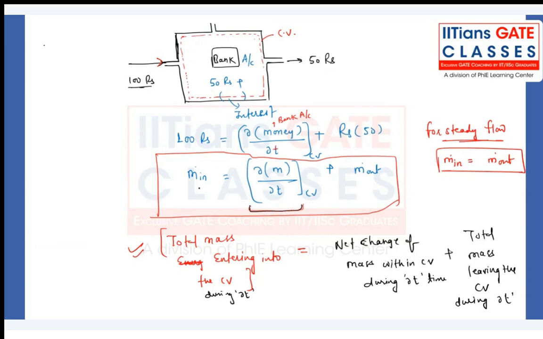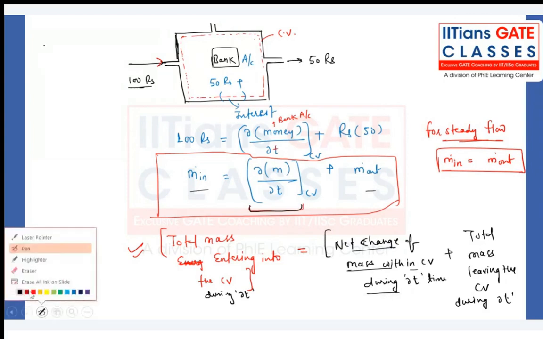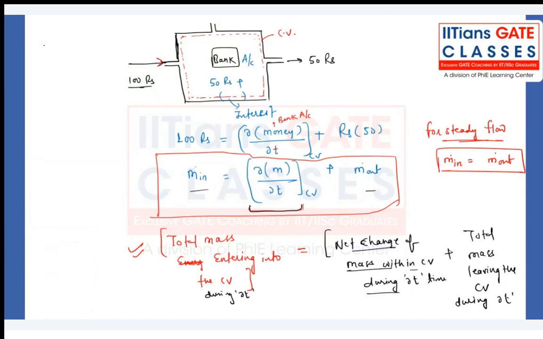You will think, sir, this has to be there, so why is this extra term there? That is the net change of mass within the control volume during delta t time. Now, all of you have noted down. Can I move to the next? Is it done?